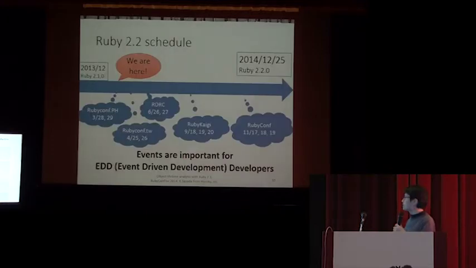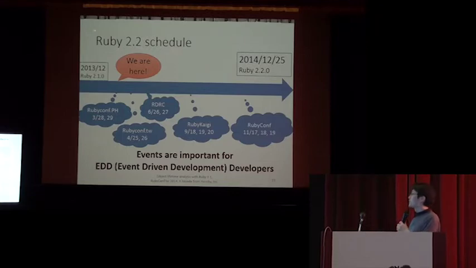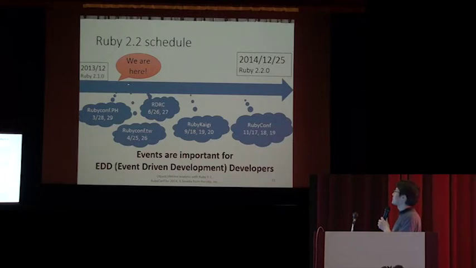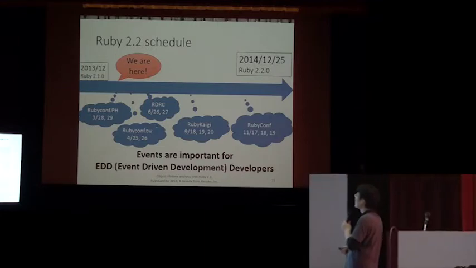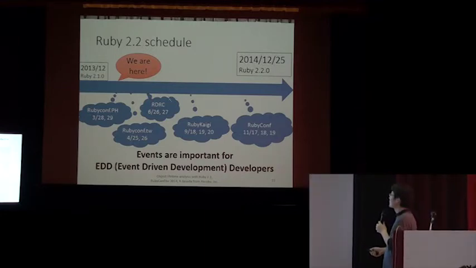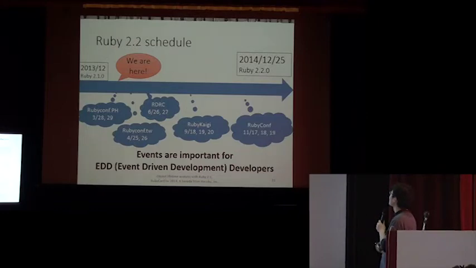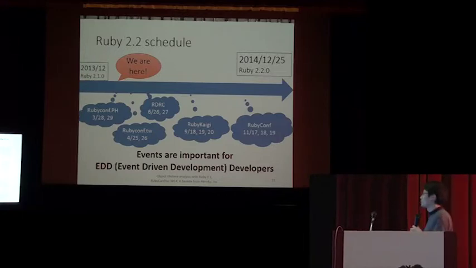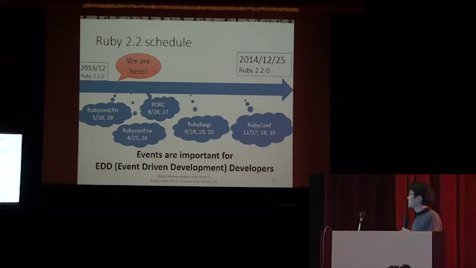Naruse-san will maybe be the release manager of Ruby 2.2. So we are here, and we have several events, so we can improve performance and quality via these events.